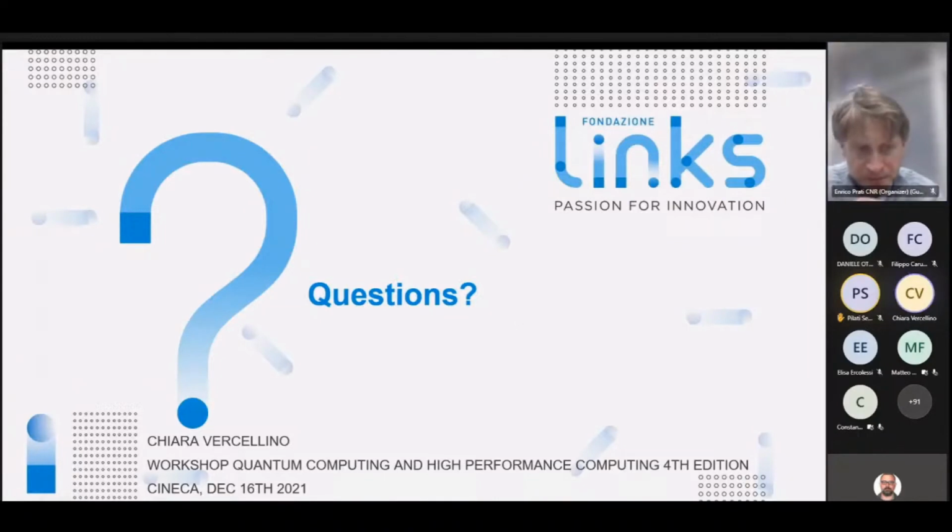Okay, yeah, this is a nice question, and it's quite difficult to evaluate quantum advantage because we are comparing really different technologies.